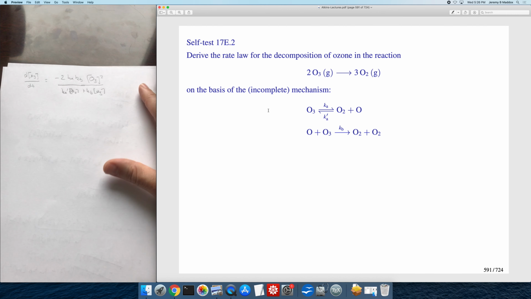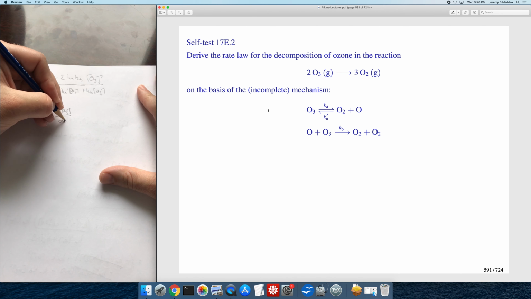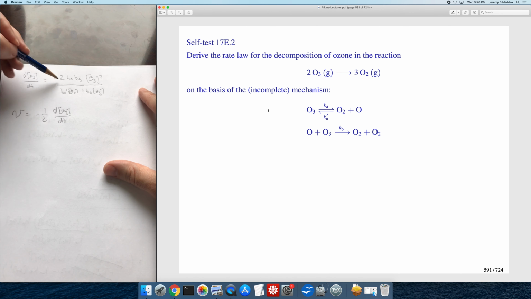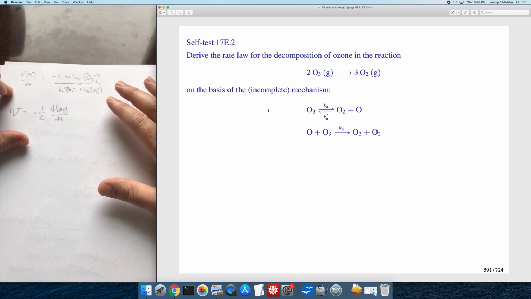And so that, and we recall that the rate was minus 1/2 that value. So we'll get rid of that minus 2 when we plug it in. And that's it. Okay, that's the rate law.